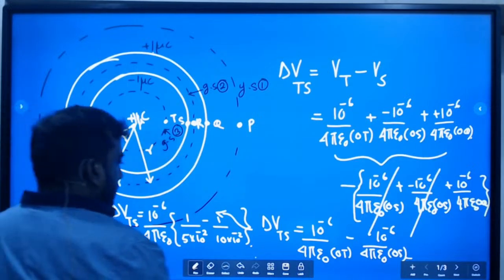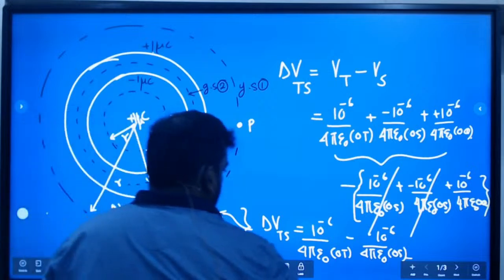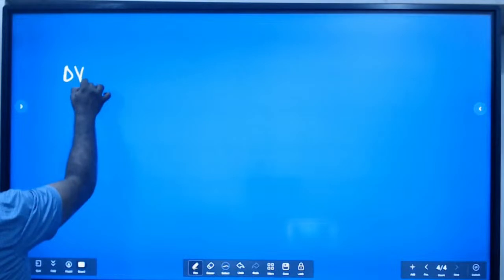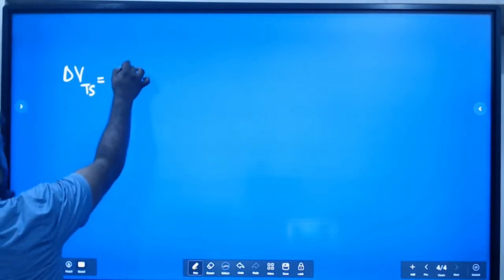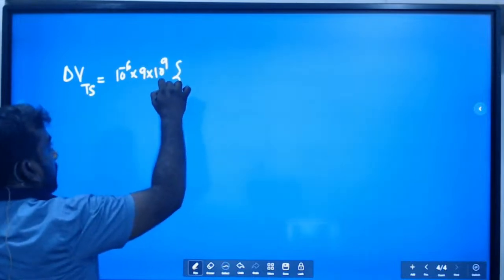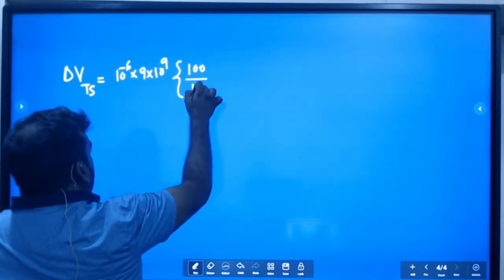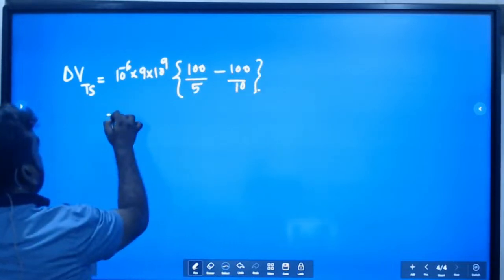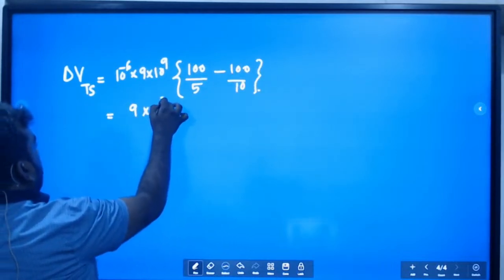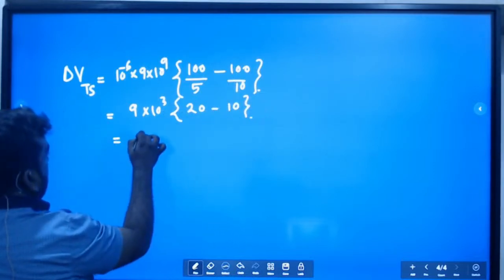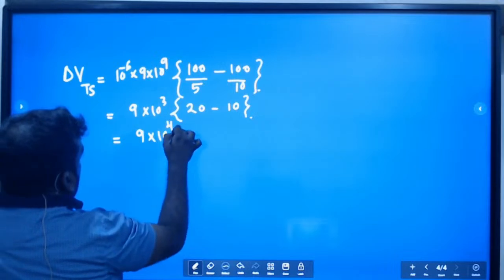Simplify this. The potential difference between T and S is 10^-6 times 9 × 10^9, times 100 divided by 5 minus 100 divided by 10. That is 9 × 10^3 times 20 minus 10, which is 10. So 9 × 10^4 volts.